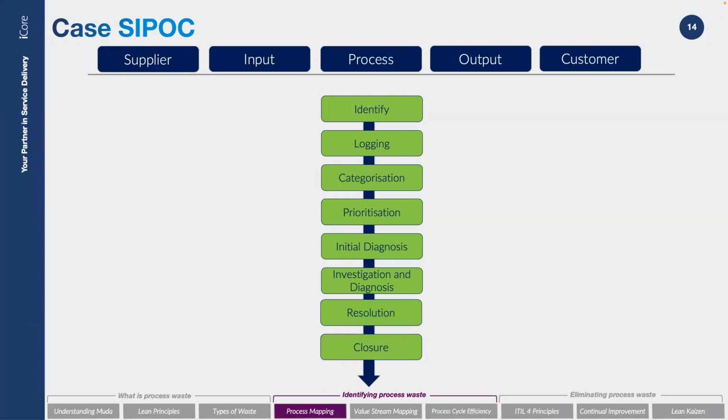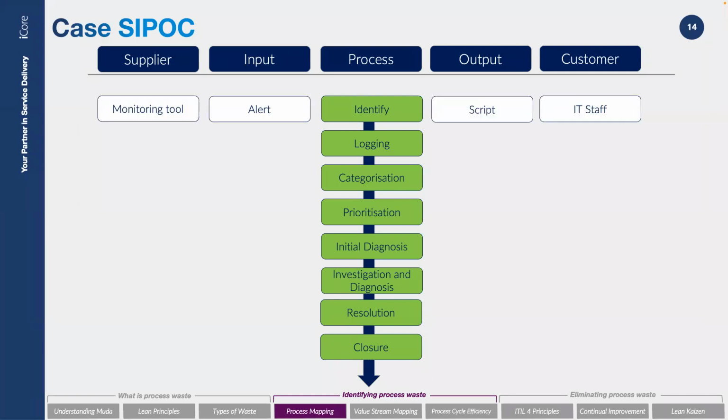But who knows? So once we've done identify, once we've done the process, we're then going to have a look horizontally across. So here's an example. For identify, we've got an alert that's been generated by a monitoring tool. In this case, we're looking more at the event management kind of element here. So the output of this will be a script, and the script will be sent to the IT staff or whichever tool is going to fix the incident.